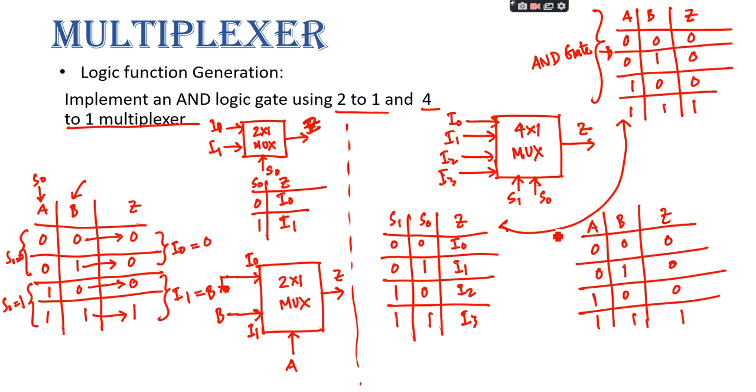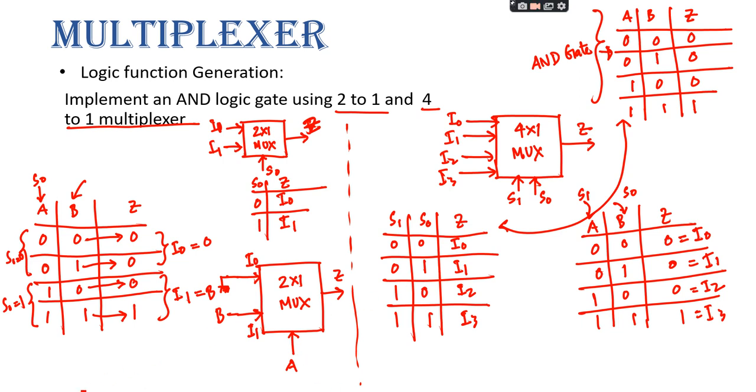If we compare them together, if we take A as S1 and B as S0, what will happen? This becomes my I0, right? This becomes my I1. This becomes my I2. And this becomes my I3, right? Yes, sir.